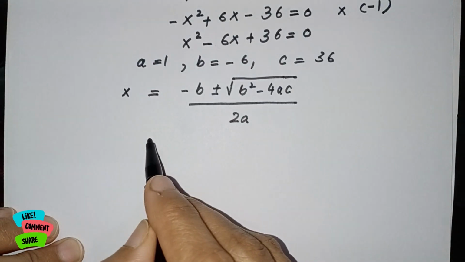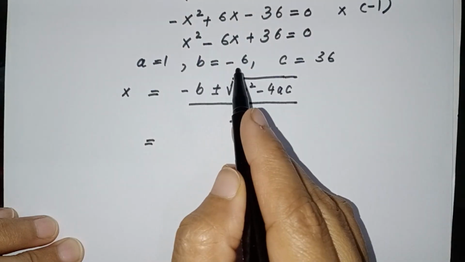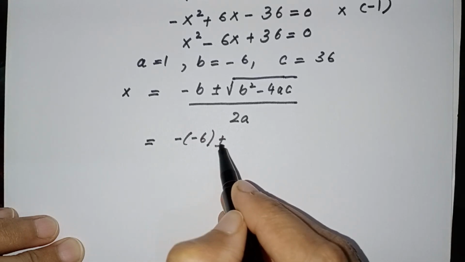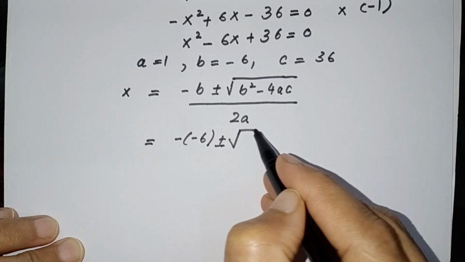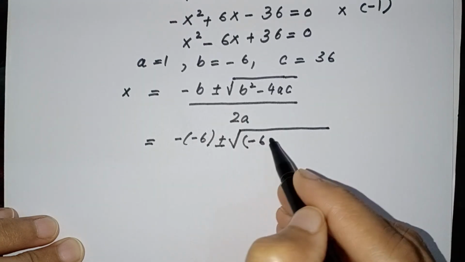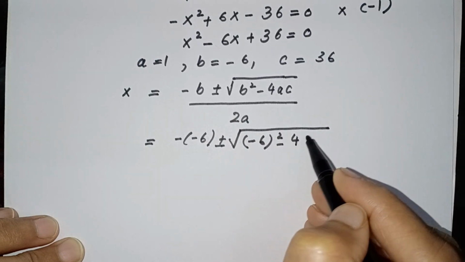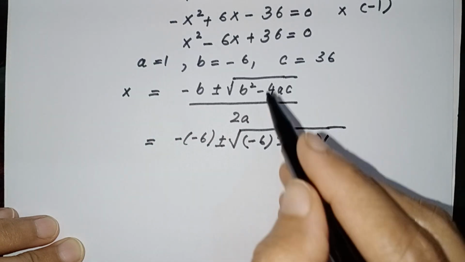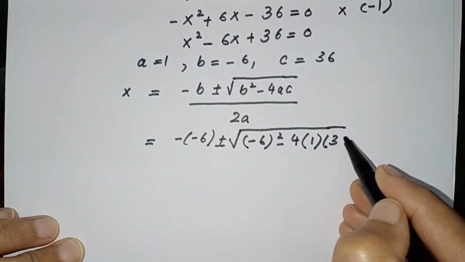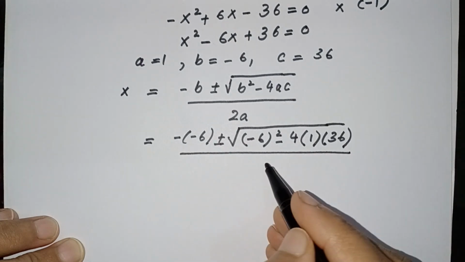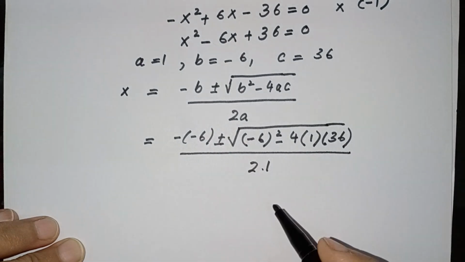So we will plug in the values of a, b and c. So b here is minus 6, so minus minus 6 plus or minus square root. For b square we will write minus 6 square minus 4 times a, which is 1, times 36 because c is 36, over 2 times 1, a is 1.